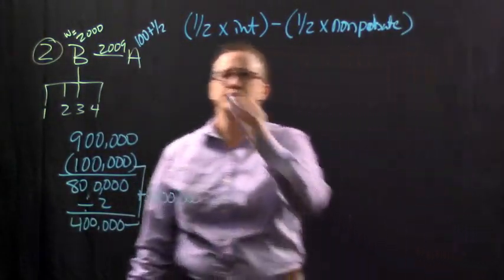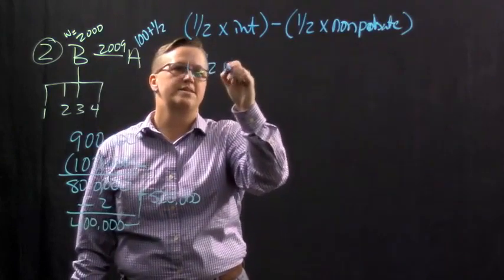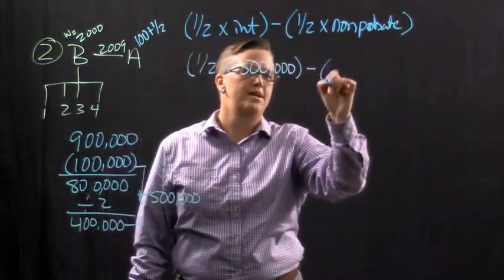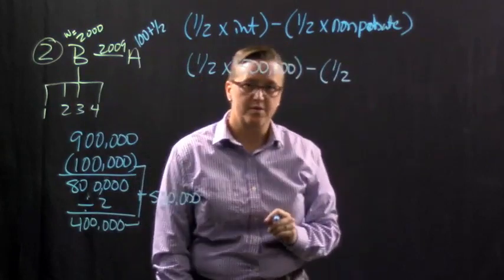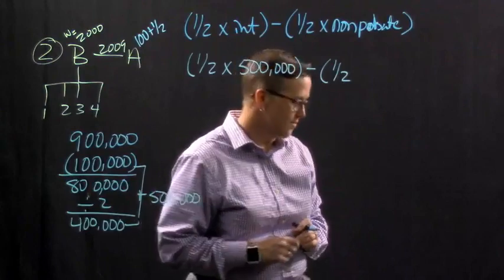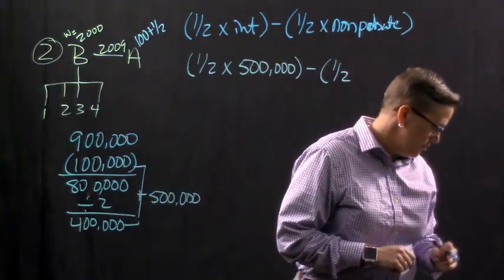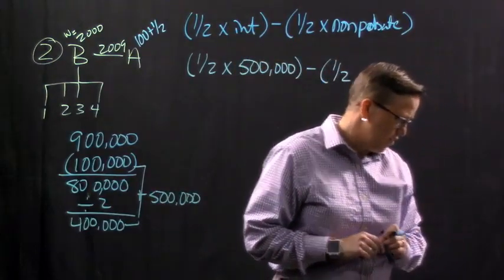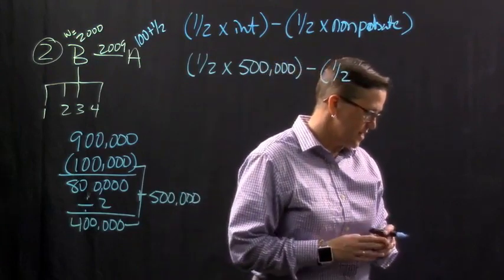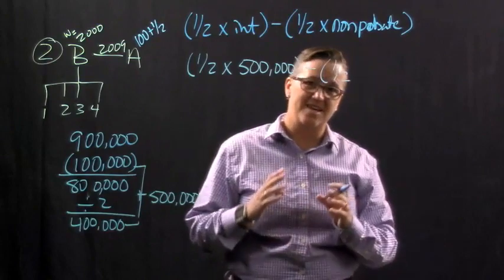All right, so now we know 1/2 times 500,000 minus 1/2 times her non-probate transfers. This is where we go to the facts and look and see what were her non-probate transfers. So Ben left a 401k worth $200,000 to Allison and a life insurance policy worth $500,000. He left that to the kids.